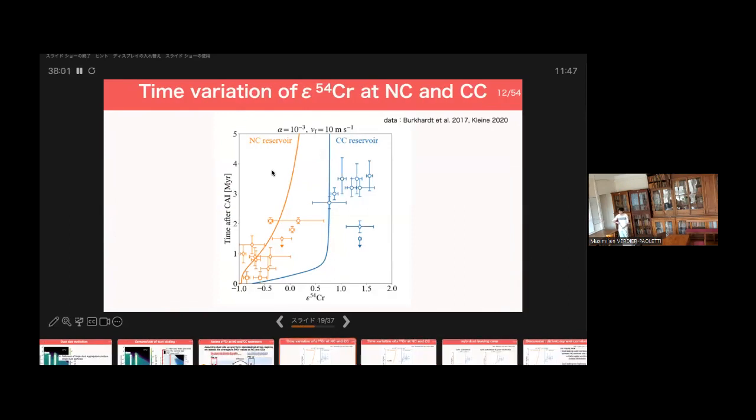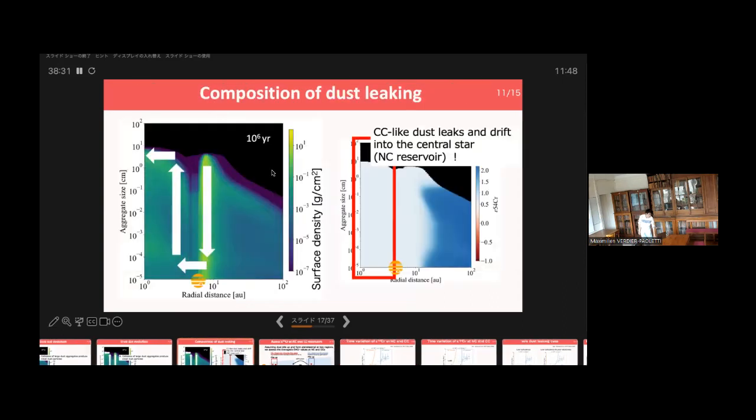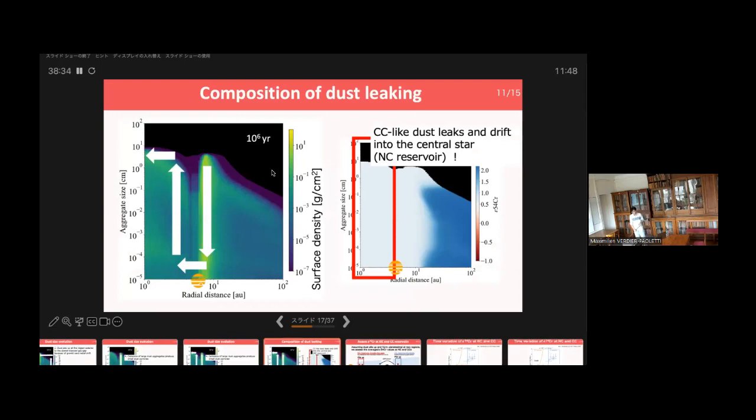So you ask why this value is constant at this time? You mean in this gradient of chromium isotopes in the outer solar system, part of the CC region can fall into the inner part of the solar system.